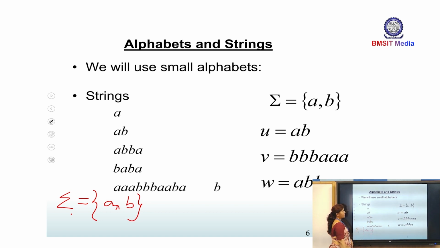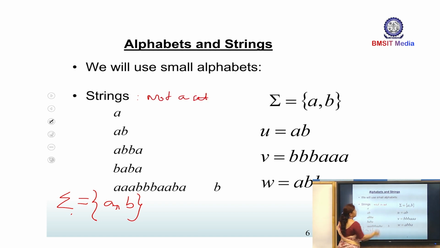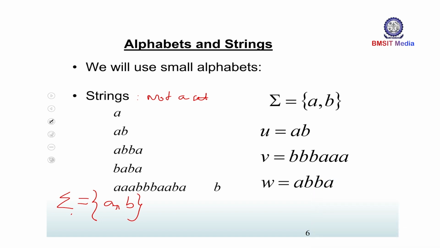Any string I can form. In a string, the symbols available in the alphabet can be repeated, because a string is not a set. Remember, a string is not a set. A string is formed from the elements of the alphabet set.